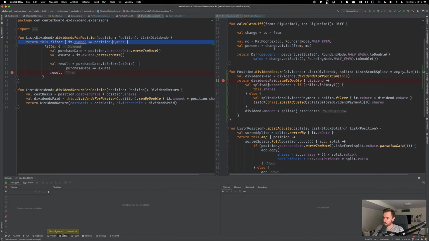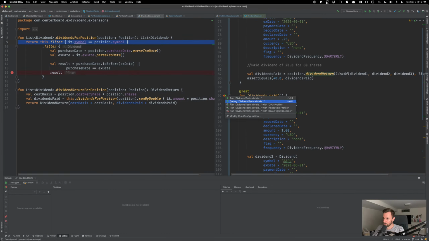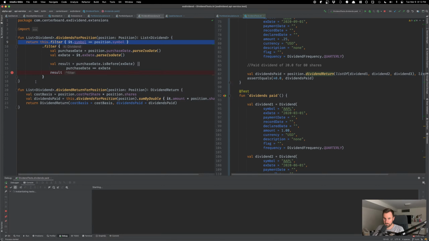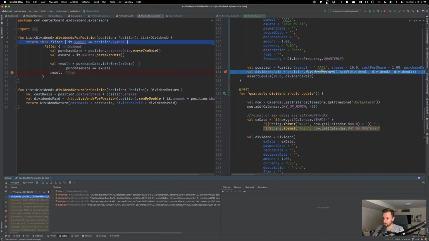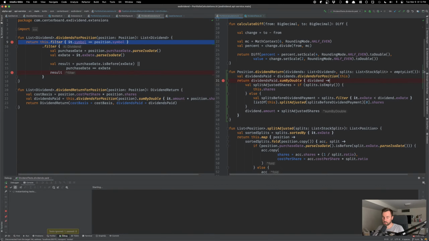Okay, maybe this is the inverse or something weird. Yeah, maybe I got this wrong. I know the function works. I'm just wondering if this is a better function to use than my other one. I want to check this. Okay. Ooh, it didn't even get into here. That's interesting.